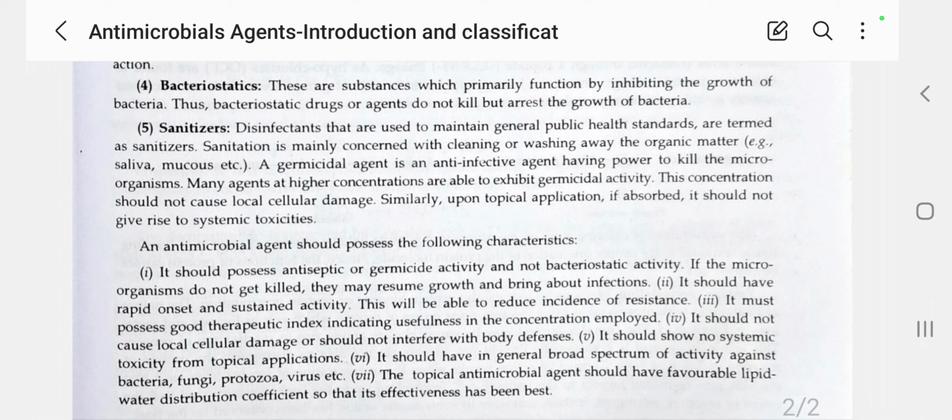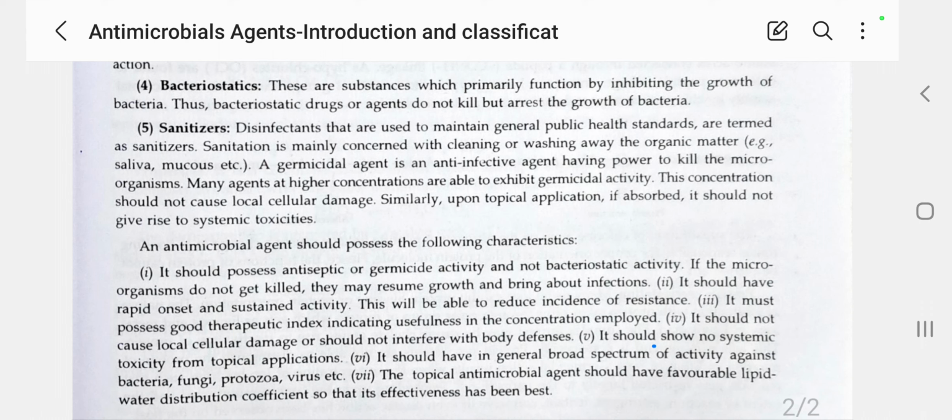So we have to kill the microorganism. It should have rapid onset and sustained activity, which reduces the incidence of resistance.